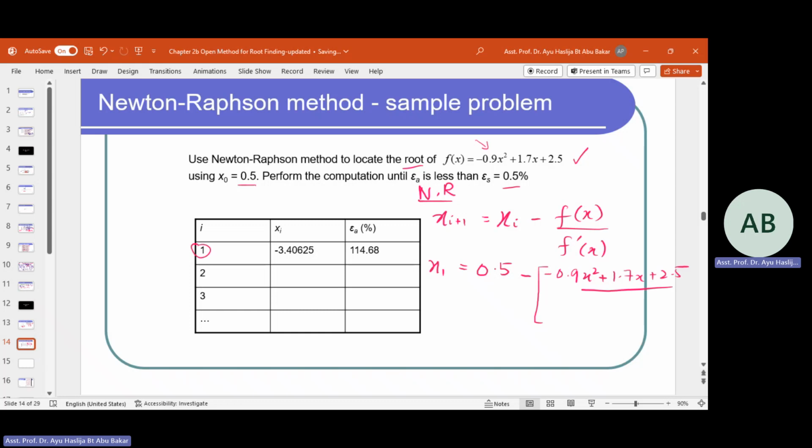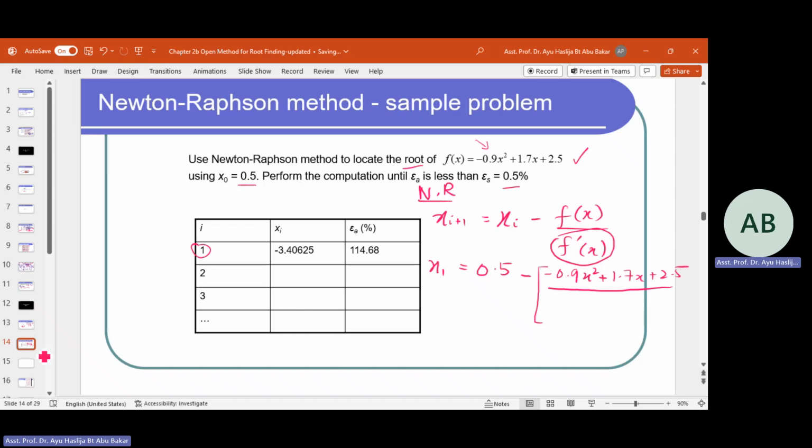Okay, the one that I want to focus on here is the differentiation, the lower part here. So this one, you need to do it analytically, differentiate it from this f(x) function.